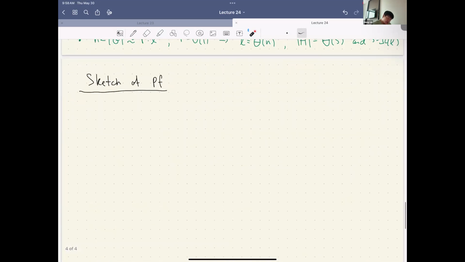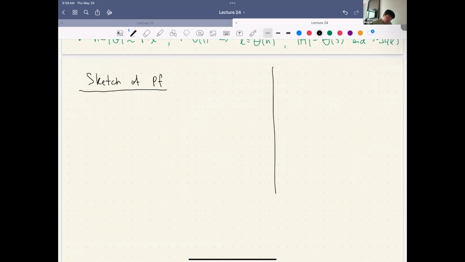So for concreteness, let me first sketch the proof in a simpler case where R is nothing but a triangle. Okay, and our H is this diamond, but I'm going to draw it like this. And H is contained in the blow-up of R is obvious here because the homomorphism basically looks like this.